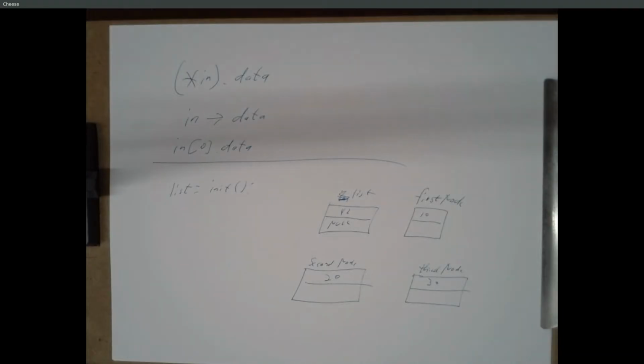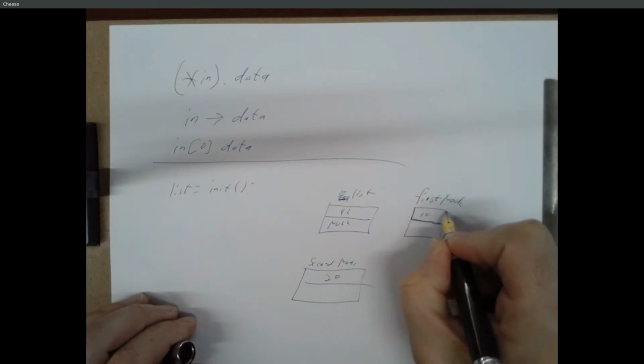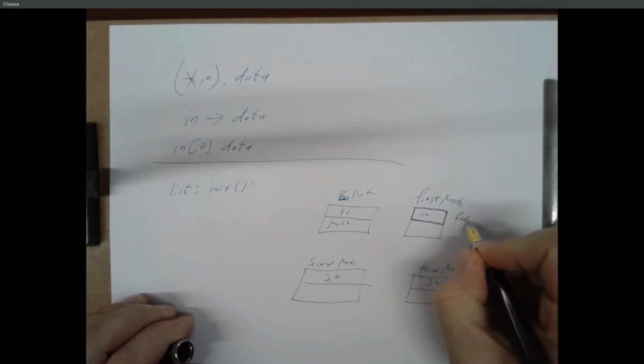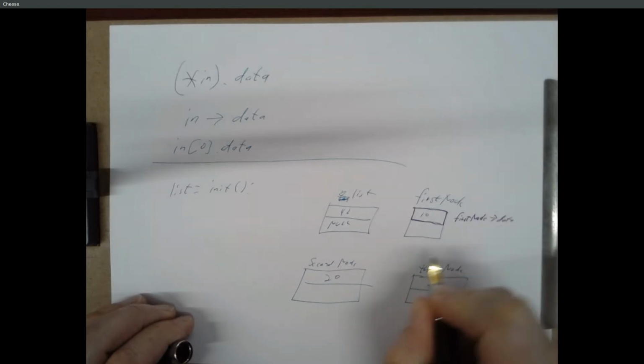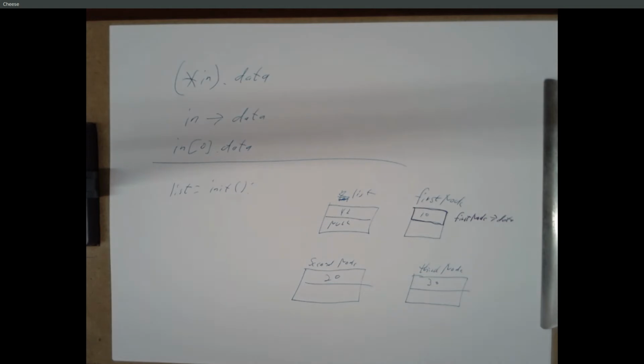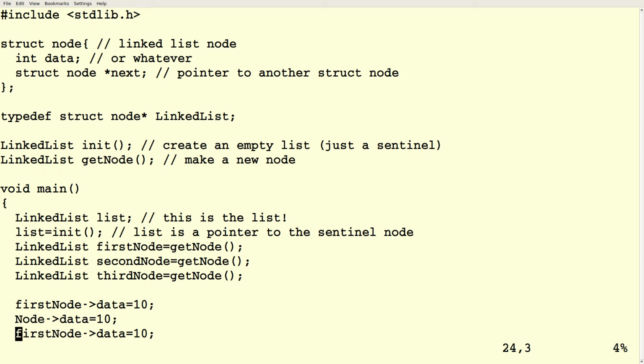So first node arrow data is this block right here, right? That's what this block is. And we can do the same thing for second node and third node. So second node data is 20, third node data is 30.